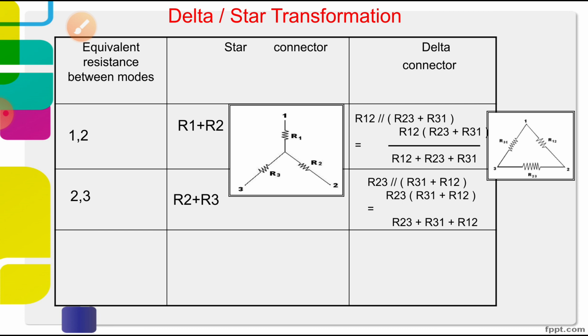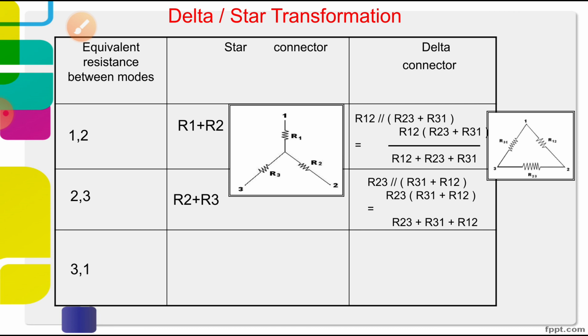In delta, R23 is in parallel with R31 and R12, that is R12 plus R31 in series, and this combination in parallel with R23. So we are going to get this equation.